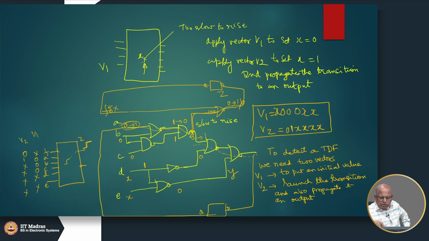And we know that when we do that, the transition from input to output will be visible here, and we check whether that one gets captured there or not. Okay. So, apply V1, apply V2, that causes a transition to occur, and then capture.